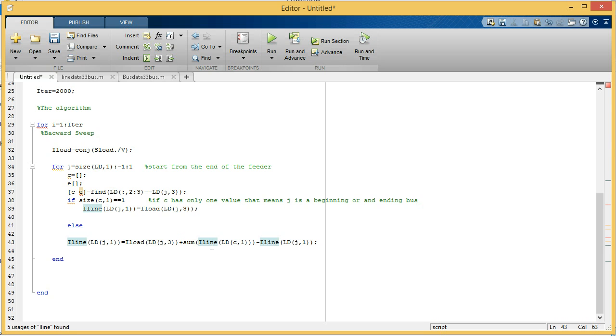And since we calculate I line LD, J, and 1 twice in here, we need to subtract it once more over here. Okay, so note that this is because in C we have the J value as well. So we are basically just calculating it twice, and we need to minus that one time.